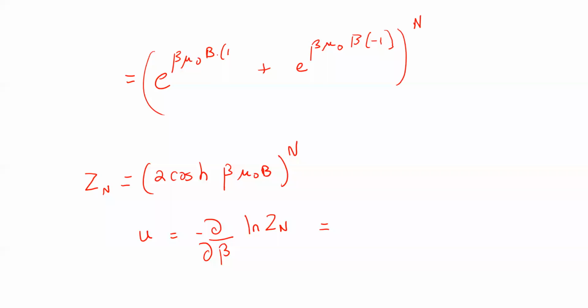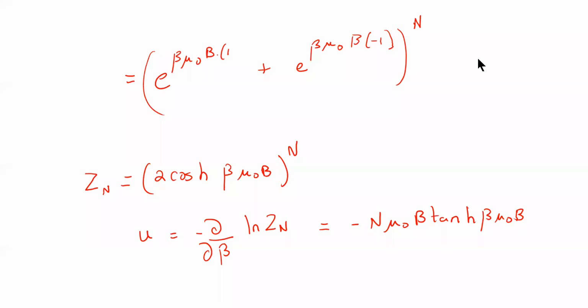This is nothing but minus n mu naught B tanh of beta mu naught B. Okay, so this is our internal energy.